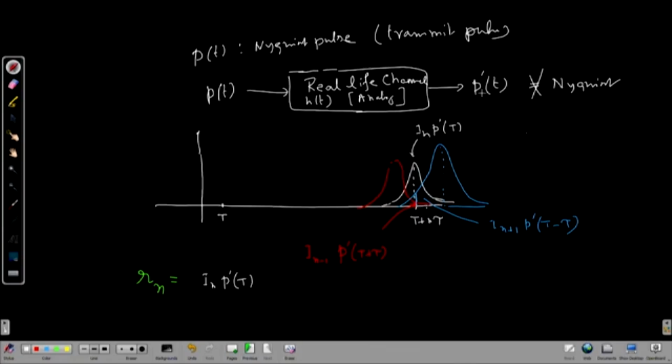There is a distorted pulse which looks like this, and its value at the center point capital T, where it is supposed to be peak, is my sampling point. At that point I sample to measure I n. Whatever the value, it is no longer 1 because of distortion now. So, this is this.